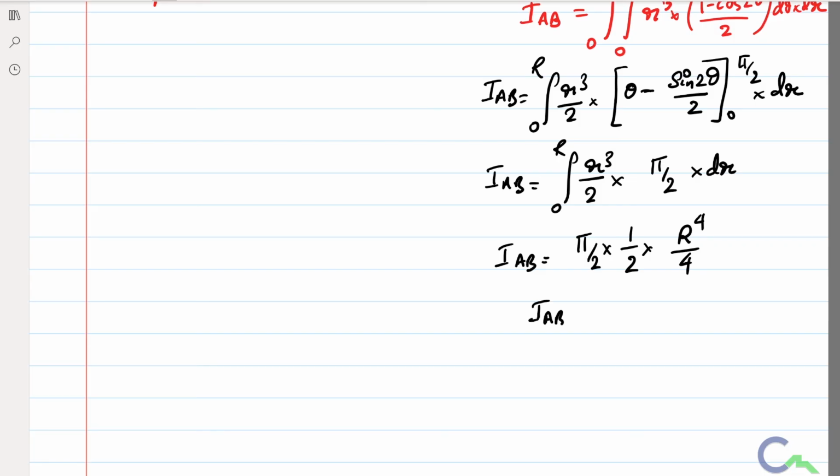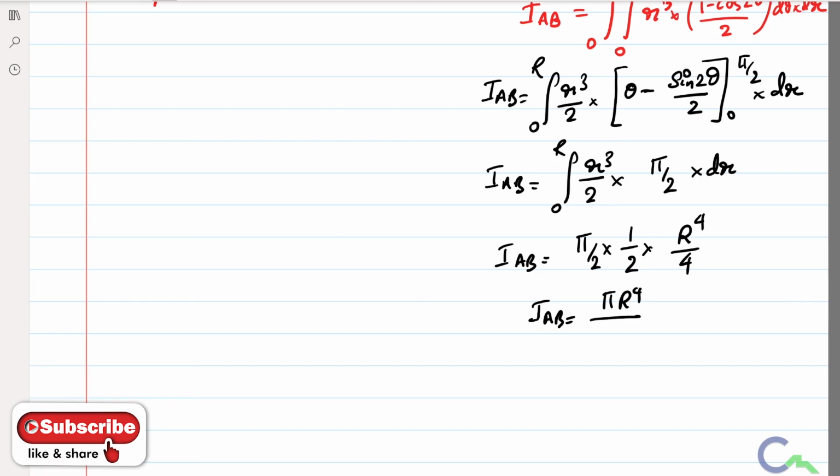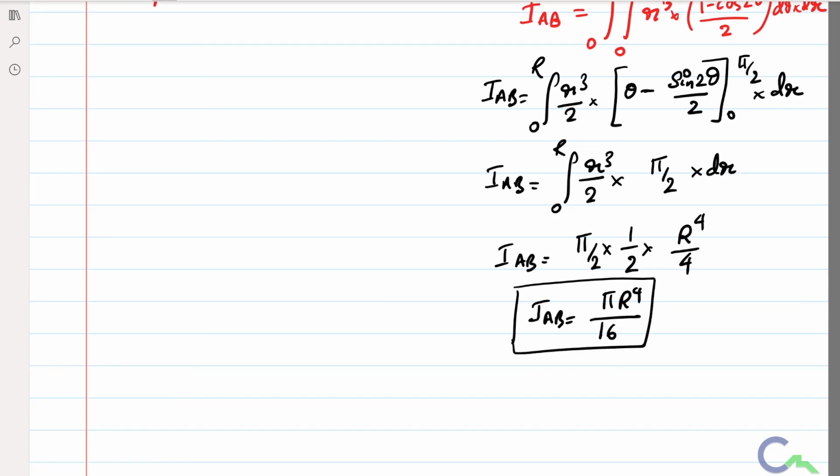Therefore IAB is equal to pi r to the power 4 divided by 16. This is the IAB value.